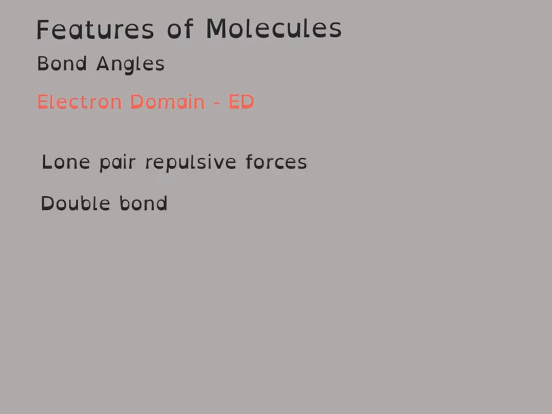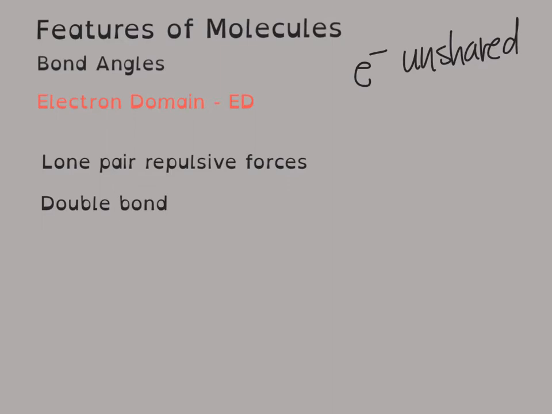There are two reasons that you can have a bond angle that's not what you would expect. The first is when you have lone pairs and they repel each other. Now remember, lone pairs are made up of electrons that are unshared, and when they push on each other, they have a pretty strong effect. If you have electrons contained in a bond, their repulsive forces are minimized slightly.